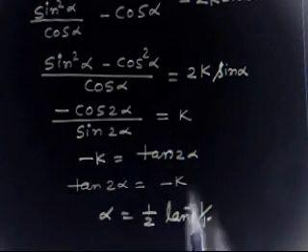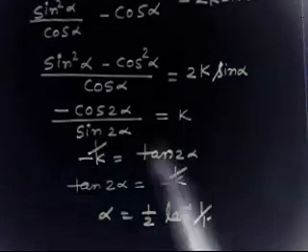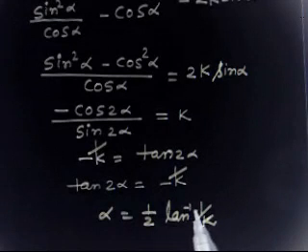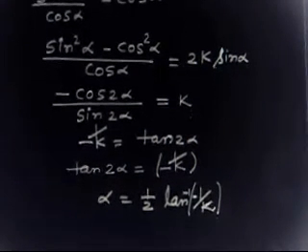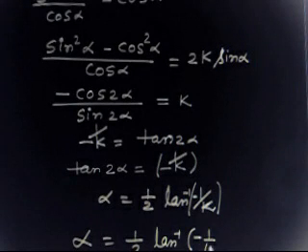So this is 1 by k. You see here itself, this is 1 by k, because this side comes, this goes that side, so 1 by k. So tan inverse minus 1 by k. You're getting? So alpha is given by this formula, 1 by 2 tan inverse minus 1 by k.